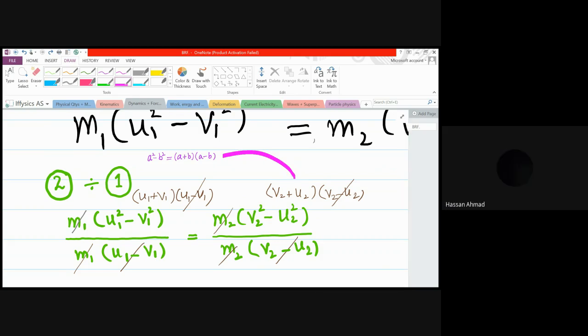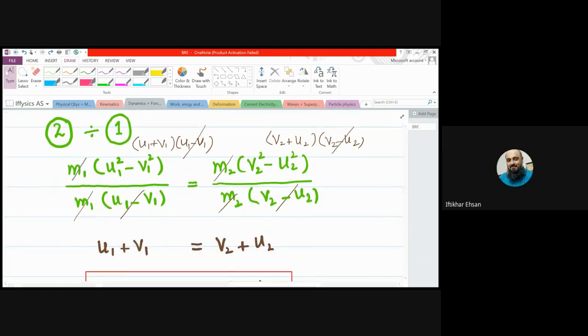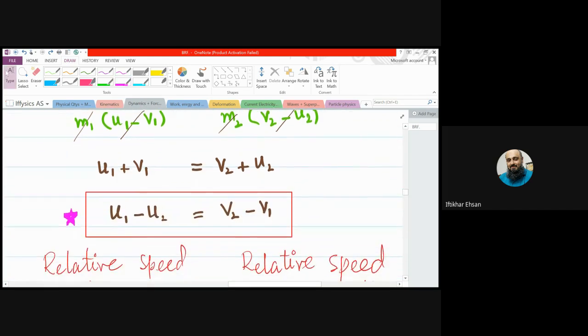Yes, sir. So when we see this negative and negative, they are the same, they will be cancelled, and we will be left with only this on one side. Right, Hassan? Now, what do we do? We take U's on one side and V's on the other.